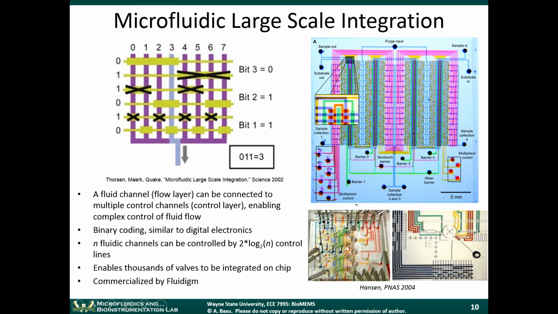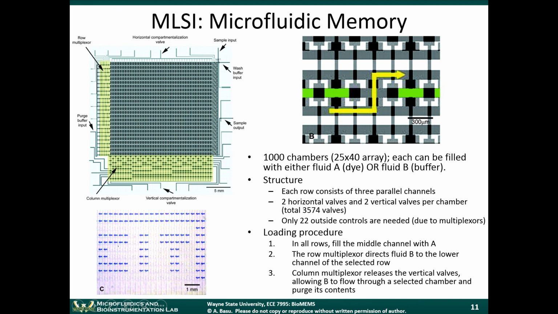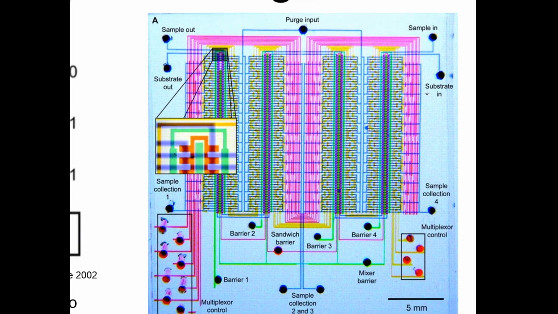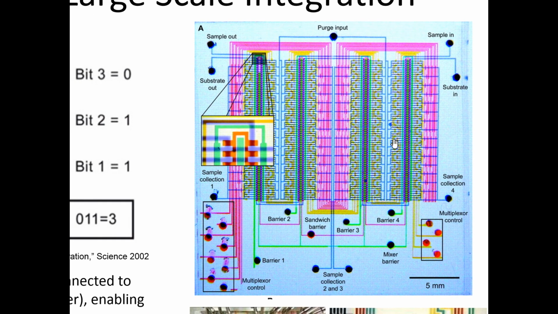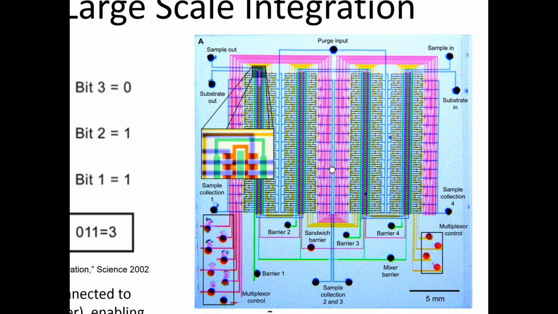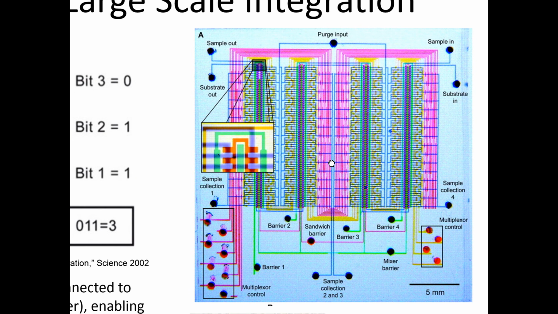It enables thousands of valves to be integrated on a microfluidic chip. The technology is actually commercialized by a company called Fluidigm, which was started by Stephen Quake, and they're based out in the Bay Area. This particular chip had literally thousands of valves that were all controlled by multiplexers, so they only needed a limited number of gas control lines.